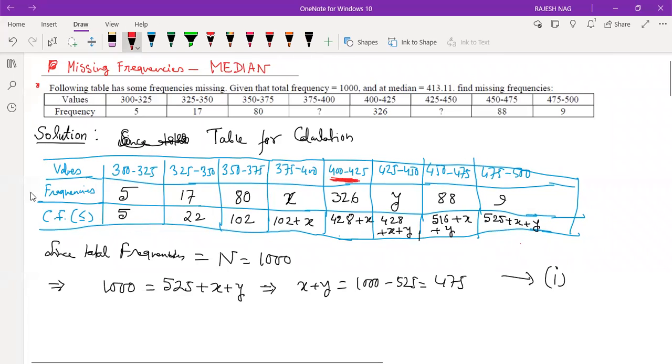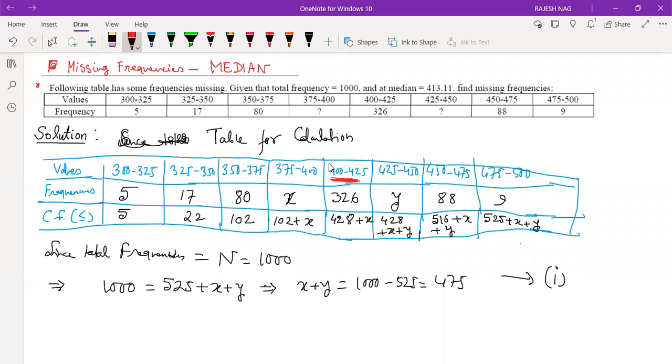I repeat again. Since the total frequency is 1000, we get the first equation. And since x and y are two unknowns, naturally we require another equation so that we can find the values of x and y by solving them. The extra information given in the question is the median, 413.11. That means the median class should be this, because median always lies within the median class.